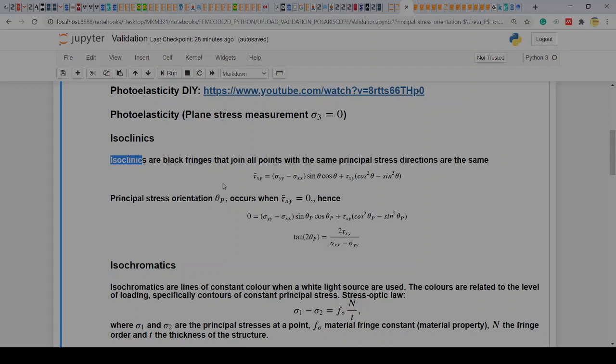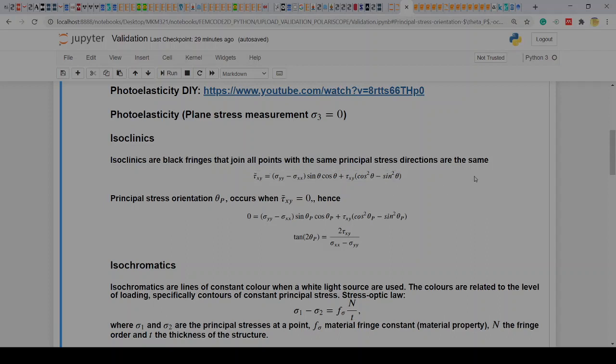So isoclinics are essentially black and white fringe lines where each black line represents points with the same principal stress direction. Okay, so that's really what it implies. And if you recall from your second year MOW227, you had those transformation equations for going from one coordinate system for your stress description, let's say the Cartesian XY, to another coordinate description that's rotated by an angle theta with respect to your XY Cartesian coordinate system.